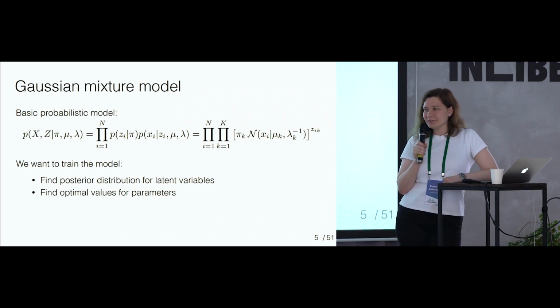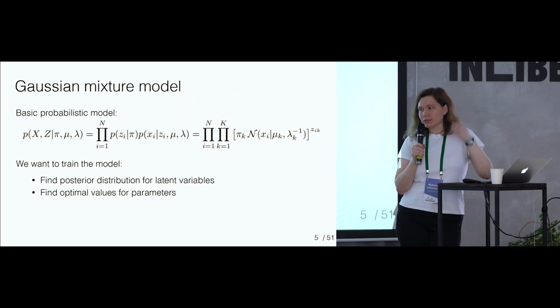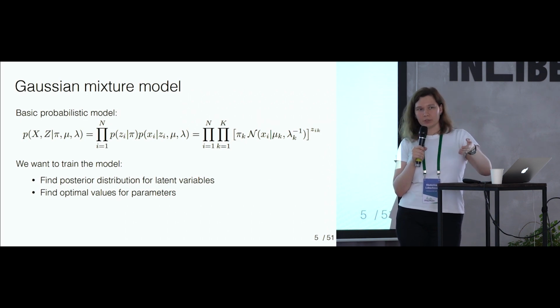You may say it like this, but actually in Bayesian methods, it's your choice. Do you want some variable to be a latent variable, or do you want it to be a parameter? So if some variable is a parameter, then you don't use a prior on this variable. If you use a prior on the variable, it's a latent variable. Because for latent variables, at the end, you want to obtain a posterior distribution. And for parameters, you just want a point estimate.